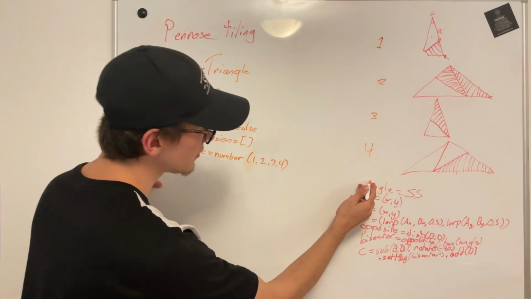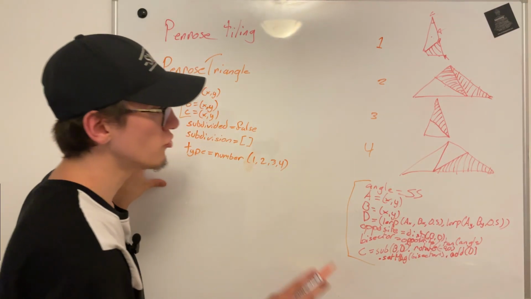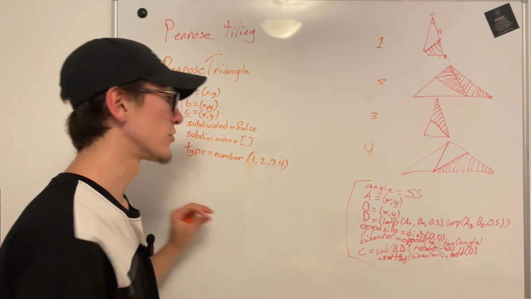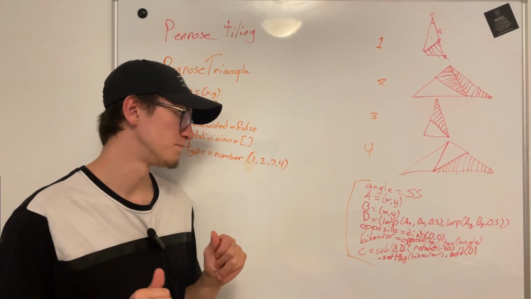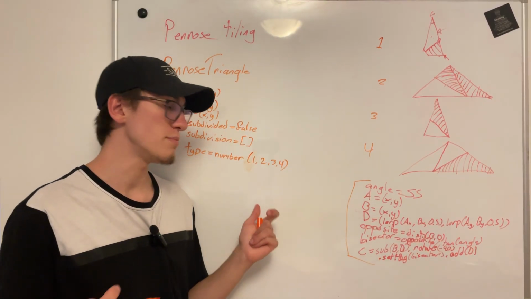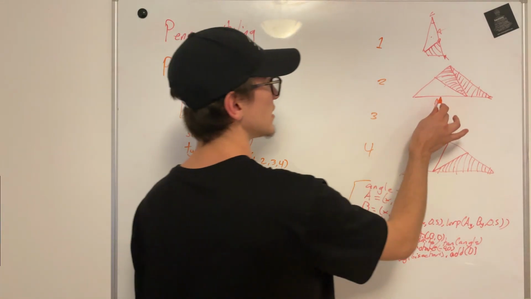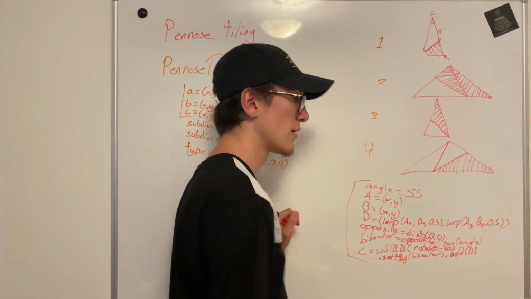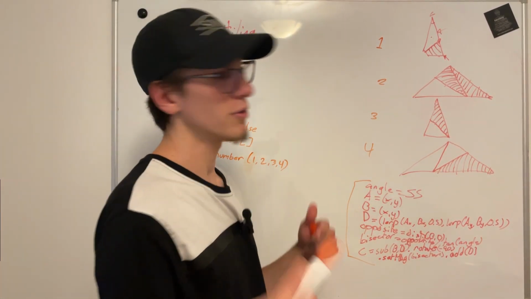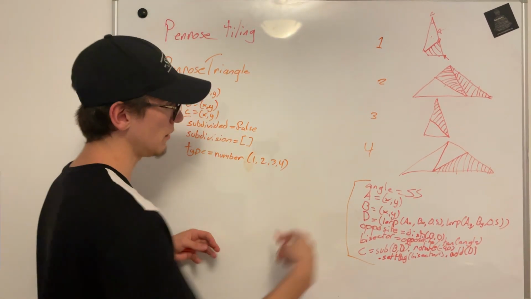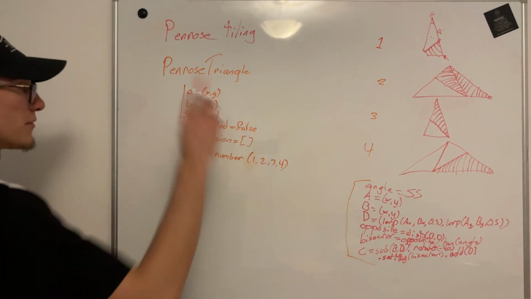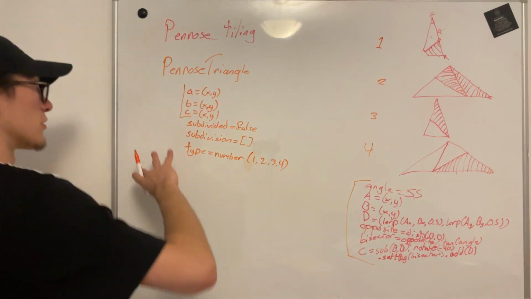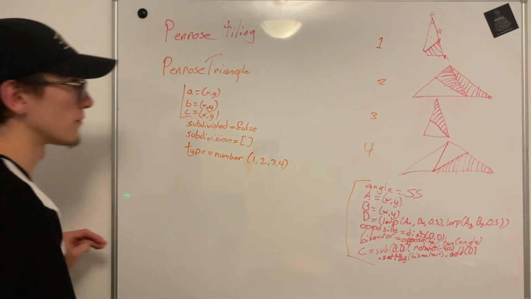And we will make this into a function called get apex, right? Because we said that this point is the apex point, apex angle, apex point. Maybe we call this apex function or something like that, which we will call whenever we create a new Penrose triangle.